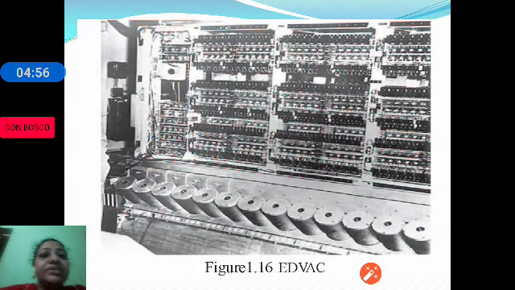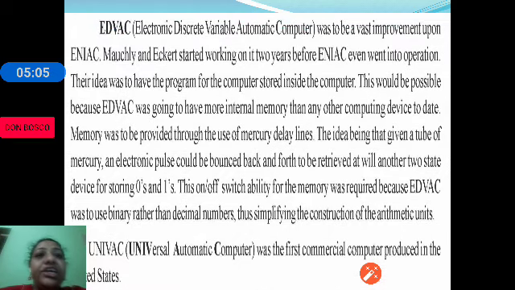The next comes EDVAC. EDVAC is expanded as Electronic Discrete Variable Automatic Computer, which was invented by John Mauchly and Eckert. They worked on ENIAC and they invented a new device, and EDVAC was having internal memory and other computing devices.